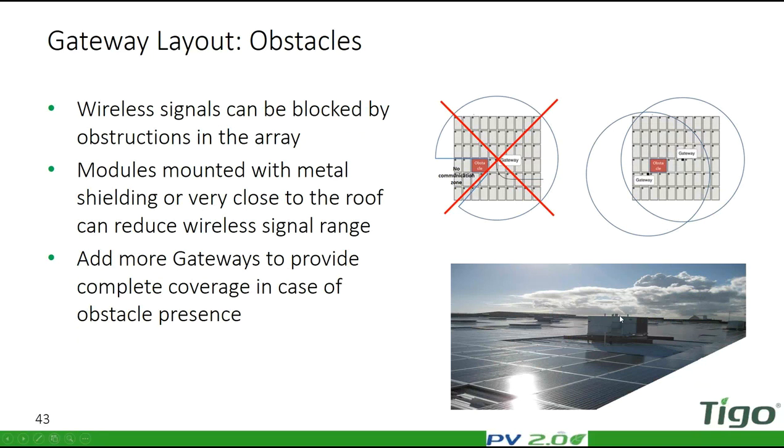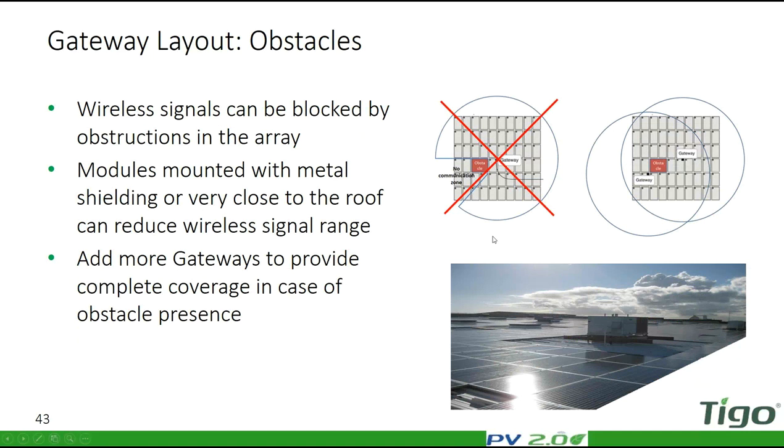Obstacles again. Not only if you have a roof that's metal, especially if you have obstacles like HVAC units or any other thing that's on the roof. Different rooftops will block the wireless signal.